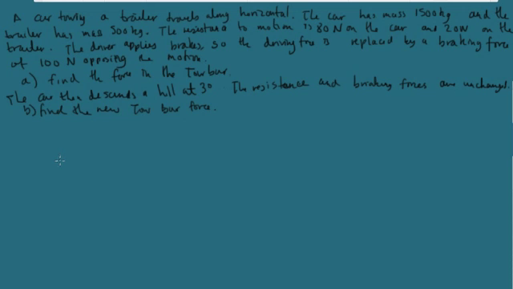So for part A, we're going to deal with the two components as individuals. So we're going to have the trailer first. Let's draw our force diagram for the trailer. And we've got our car. So we know that there's going to be the equal and opposite tension in the tow bar.